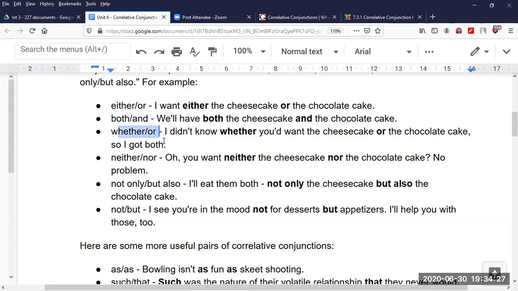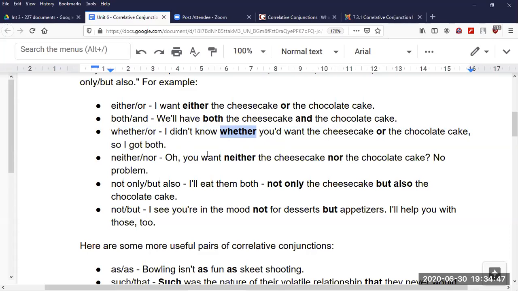Whether an or isn't in the thing. Remember, whether is a more formal way of saying if. So I don't know whether you'd want the cheesecake or the chocolate cake.